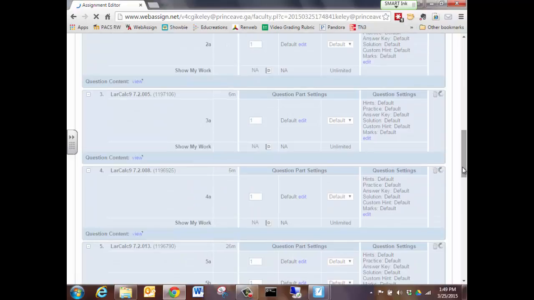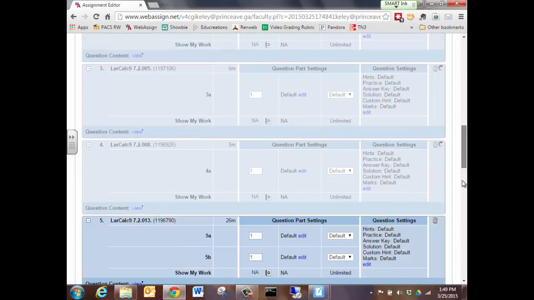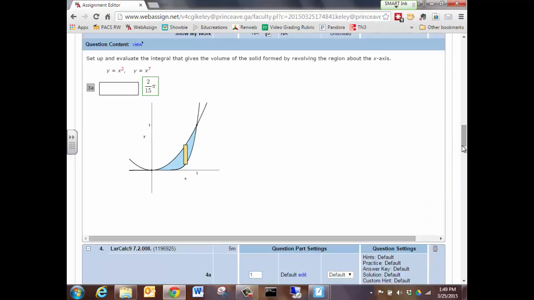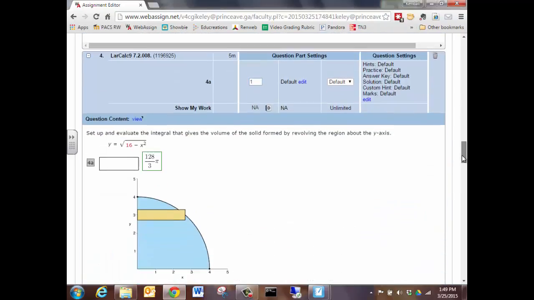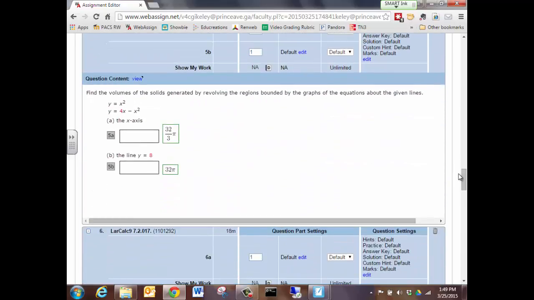Jonah, do you remember which one this might be? The one that says there's a line down the middle of it to sweep around. Number 5. The volumes of the solids generated by revolving the regions bounded by the graphs of the equations about the given line. That's the same problem we just worked there.